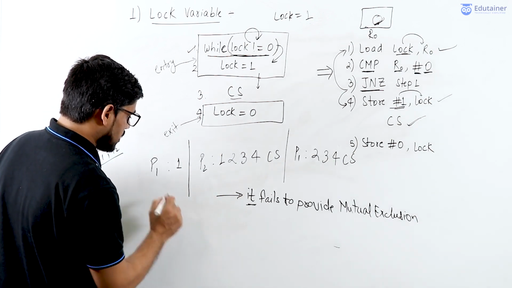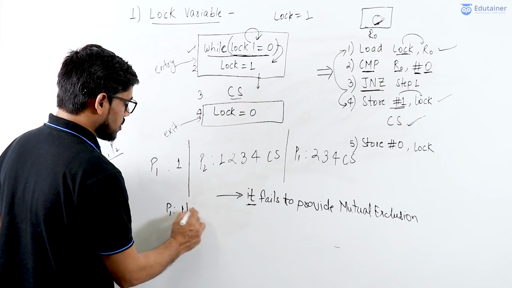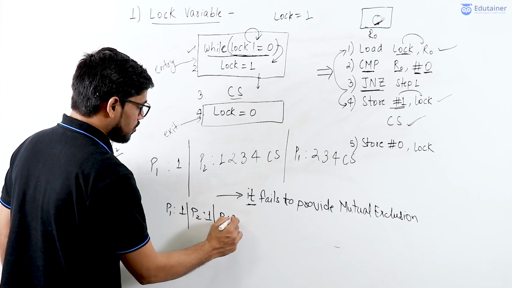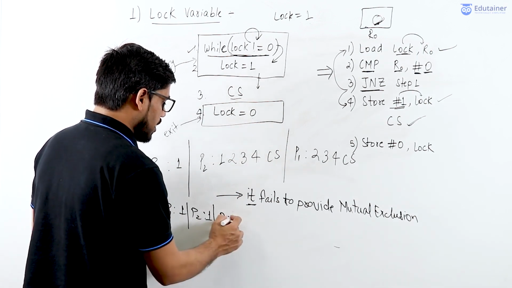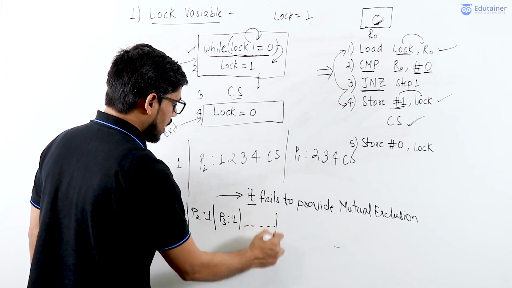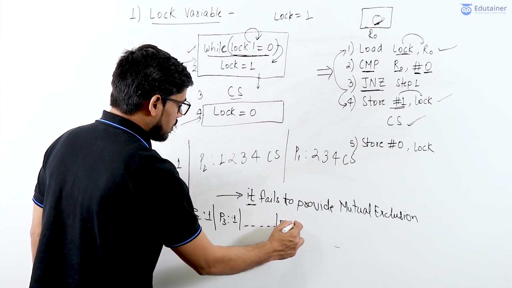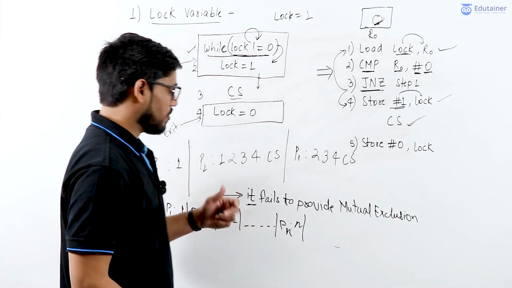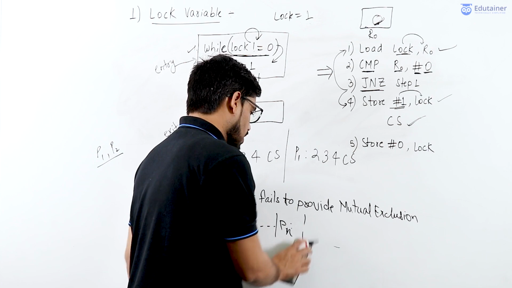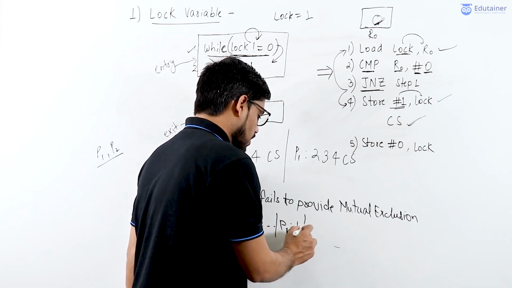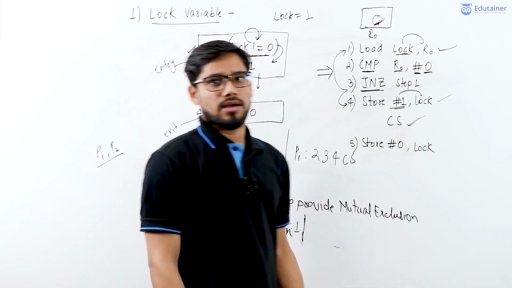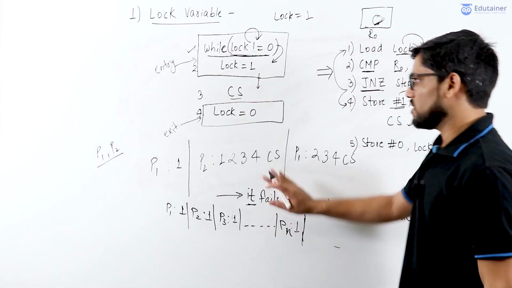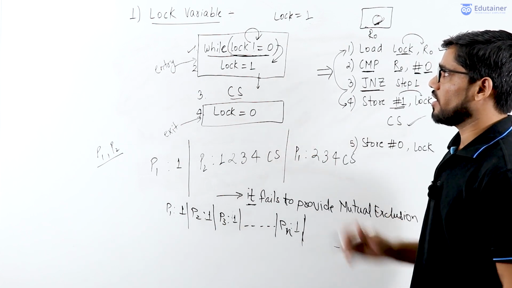Process P1 executes line number 1 and halts, process P2 executes line number 1 and halts, process P3 executes line number 1 and halts. Similarly, if all n processes execute line number 1 and halt, then when their chance comes next, all the processes simultaneously enter the critical section and share the resources. So this is the major drawback of the lock variable solution.